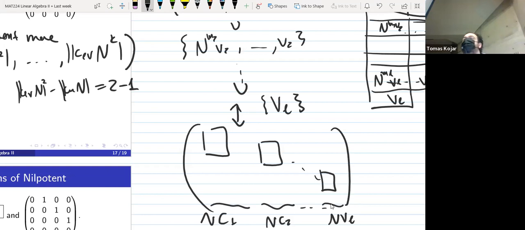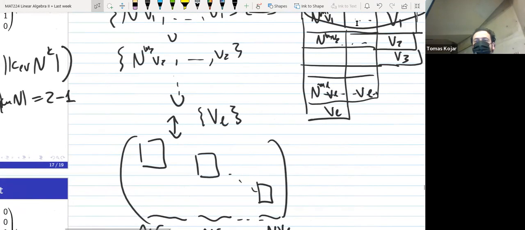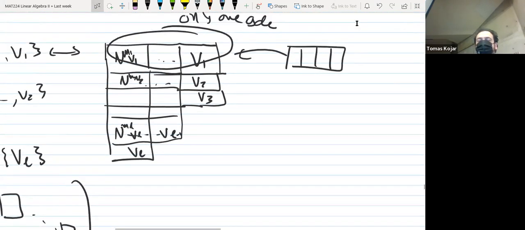So now, how many blocks do you have? Show me with your finger. The reason there's only one is because you only have one row, so you have one cycle.